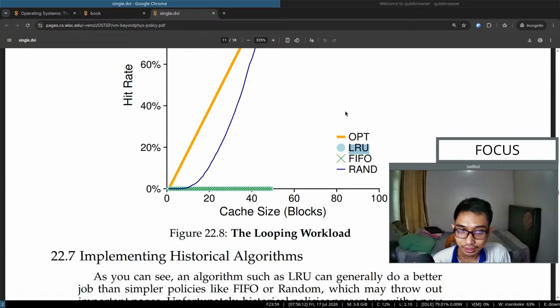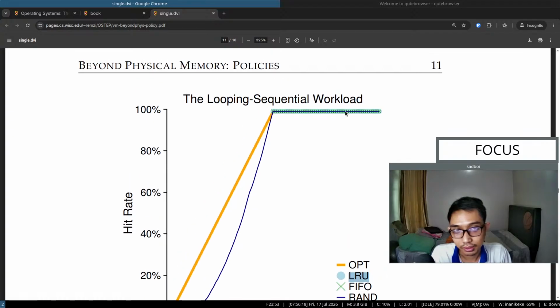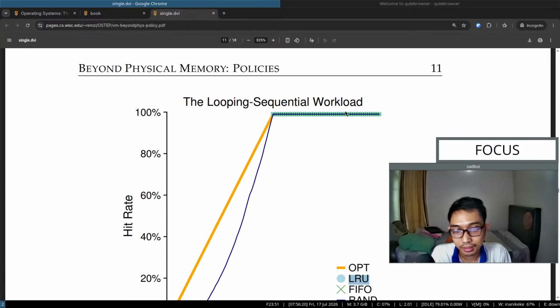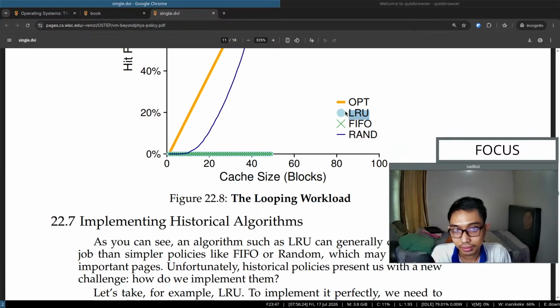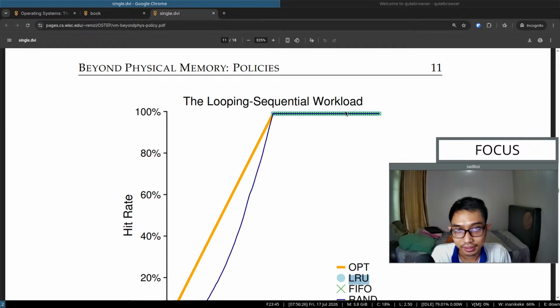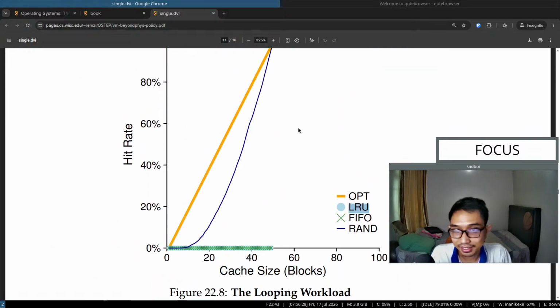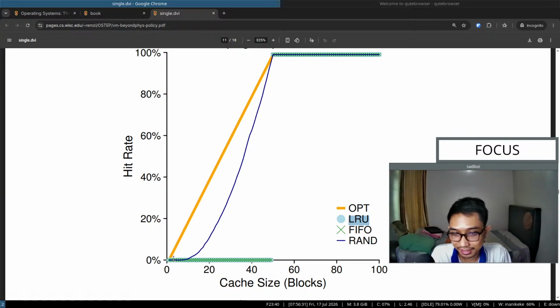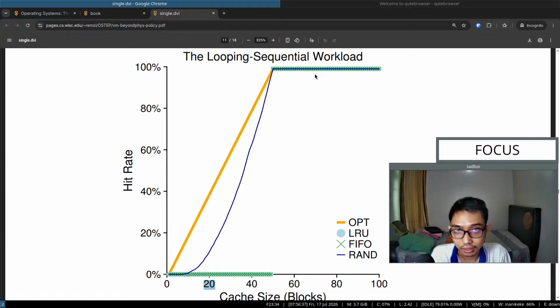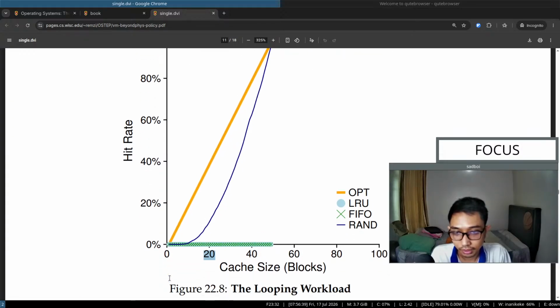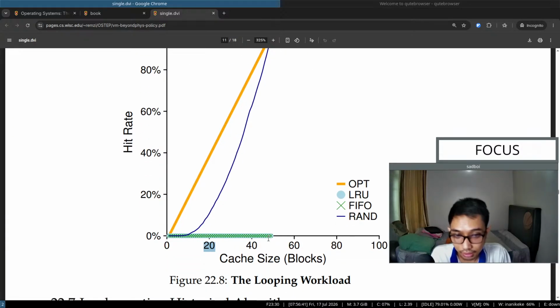I don't see that. Does that mean the LRU is not in this figure? We are not even considering LRU here. Is that it? I mean, the first in, first out is there, even though it is 0% hit rate.